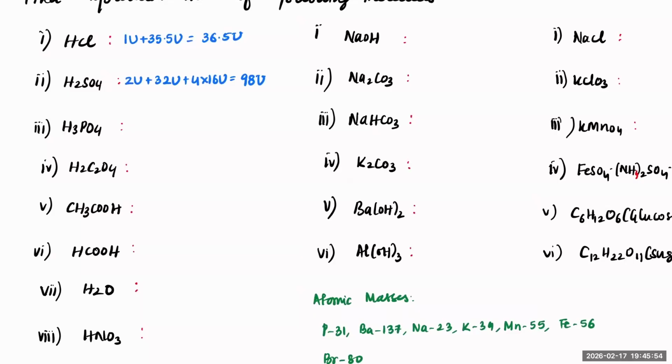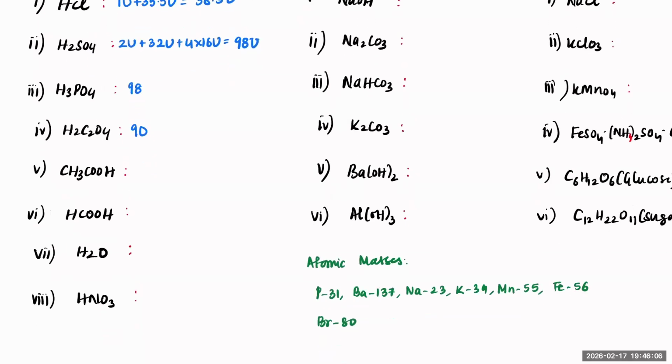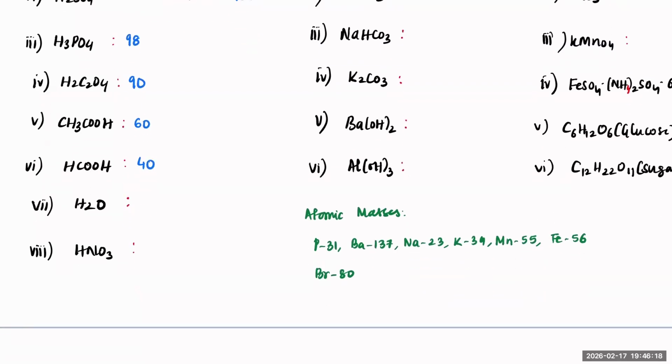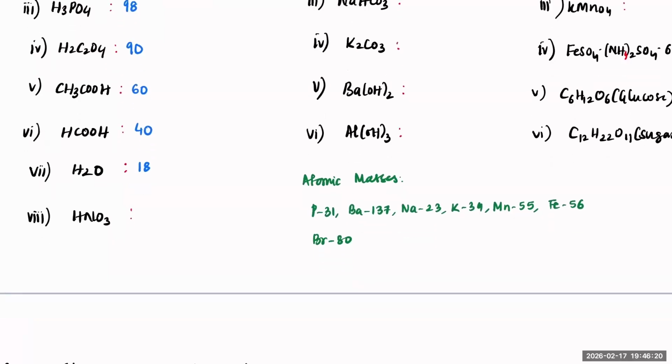H3PO4. How much you got? 98. Very good. Next, H2C2O4. 90. Very good. CH3COOH. 60. HCOOH, formic acid, 40. H2O, 18. HNO3, 63.